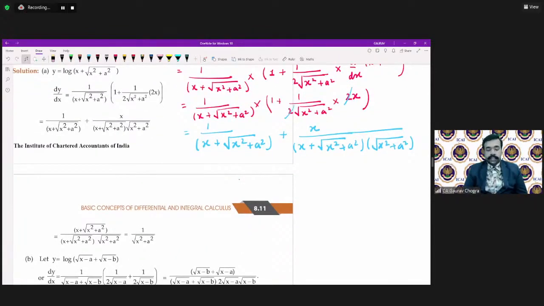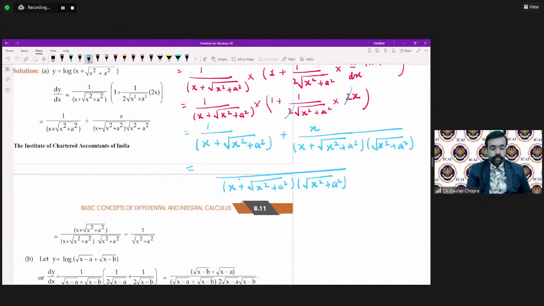Now we can take LCM. The whole will be considered as LCM. So it is x plus root of x square plus a square multiplied by root of x square plus a square. This whole is the LCM. So what will come into the numerator? It will be x plus root of x square plus a square.